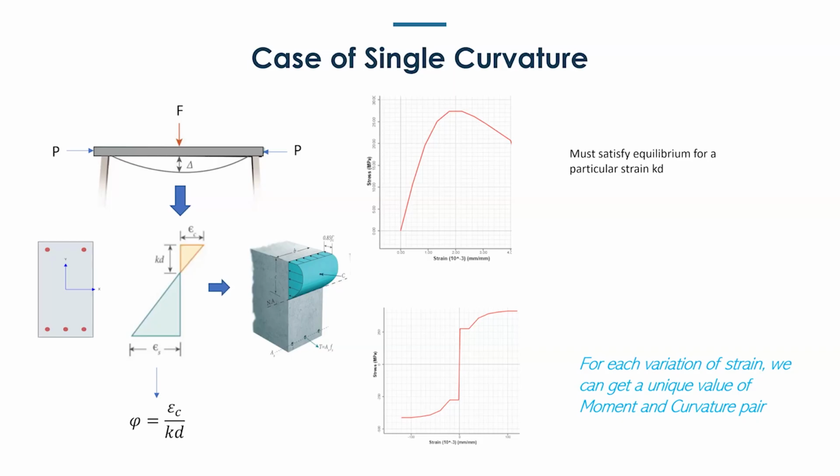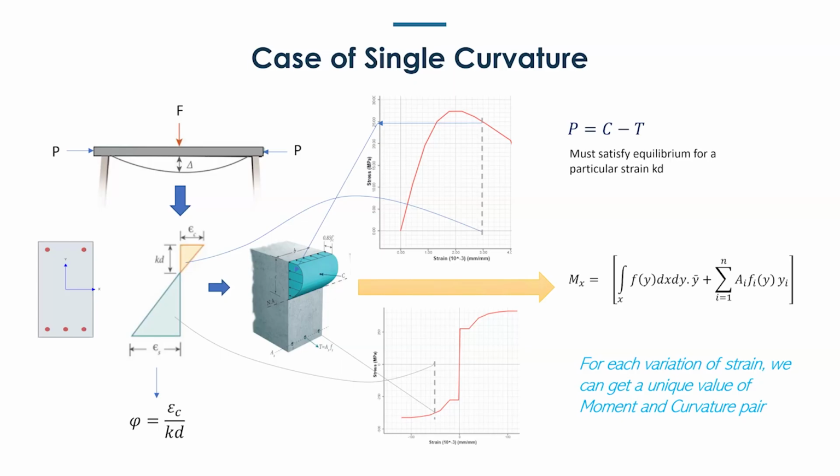We allow it to be free and depend on the actual curvature. So when that is the case, it can come from any location. So any strain corresponding to a curvature can go back, read the stress, and get the equilibrium equation. And then based on that, we can determine the moment for that curvature. So this way we can generate the moment-curvature point for a given, assumed curvature.